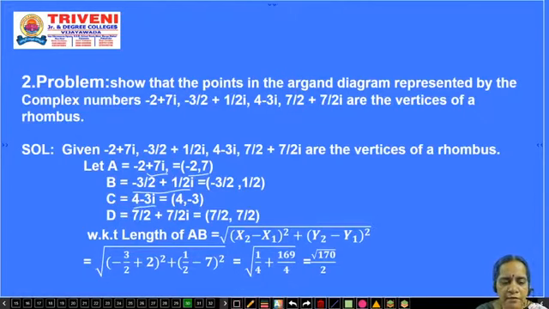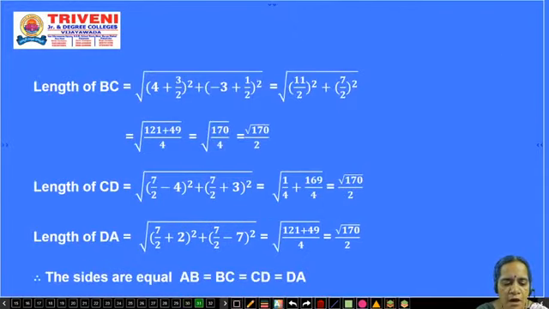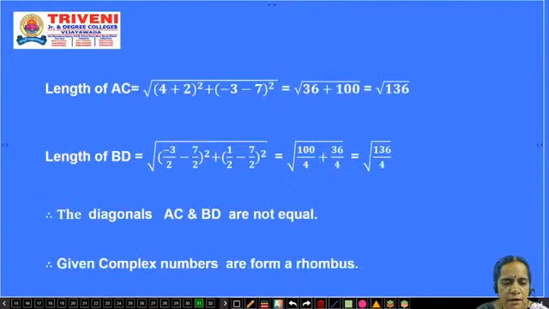And D is equal to 7 by 2 plus 7 by 2i. This can be written as 7 by 2 comma 7 by 2. Here the 4 points are there. Then find the rhombus. What is the rhombus here? All sides are equal. In the rhombus, all sides are equal and the diagonals are not equal.